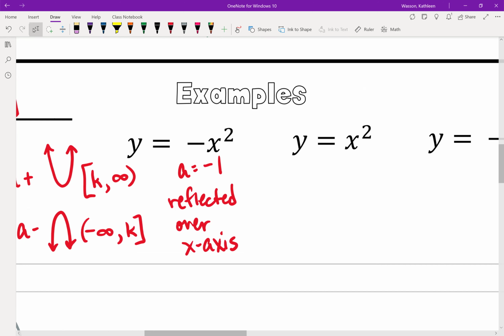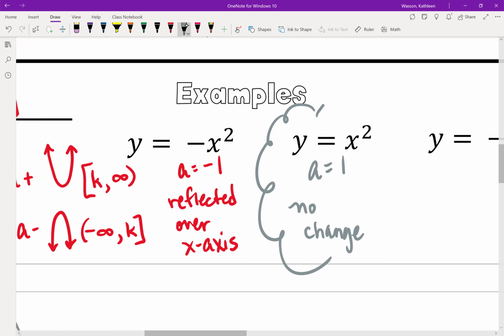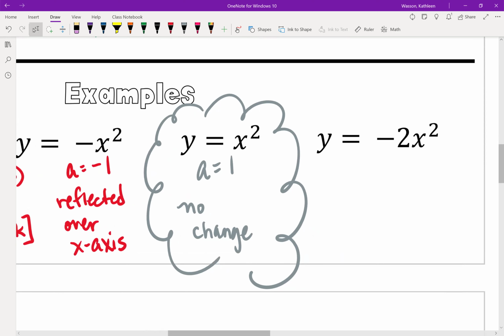It's 1x squared. A is 1. And when A is 1, there's no transformation. There's no change. This is the original shape. So please don't say it's reflected if A is positive. I just don't even have a description for that. It's just a normal graph.